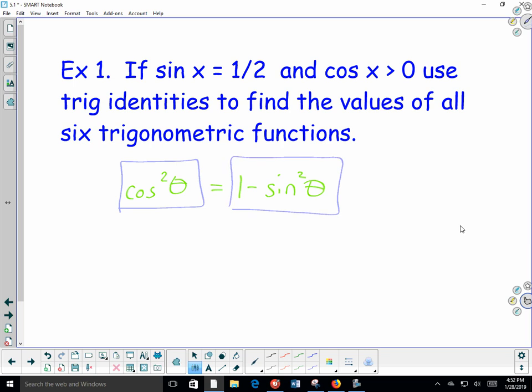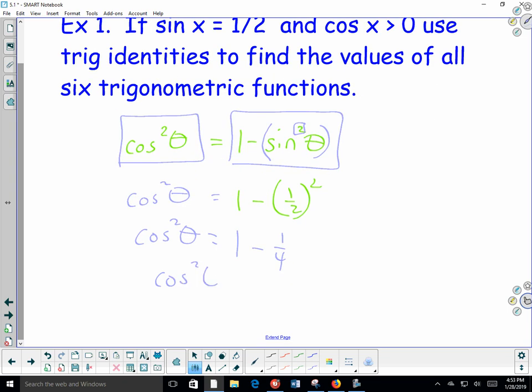So I can just plug in my sine value. I get 1 minus 1/2 quantity squared. I'm plugging in the 1/2 for sine, but of course I've got to square it. That equals cosine squared theta. So I get 1 minus 1/4 is cosine squared theta, which means cosine squared theta equals 3/4.